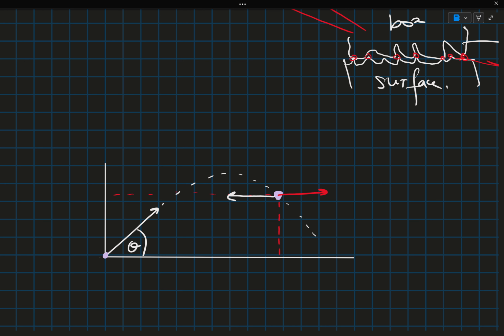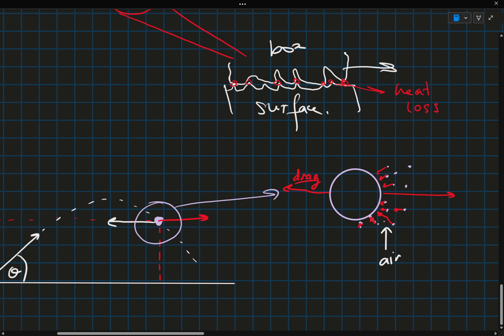This is generally what we call the drag of an object. So drag due to air resistance specifically. Air resistance will be acting on it, resulting in some drag.